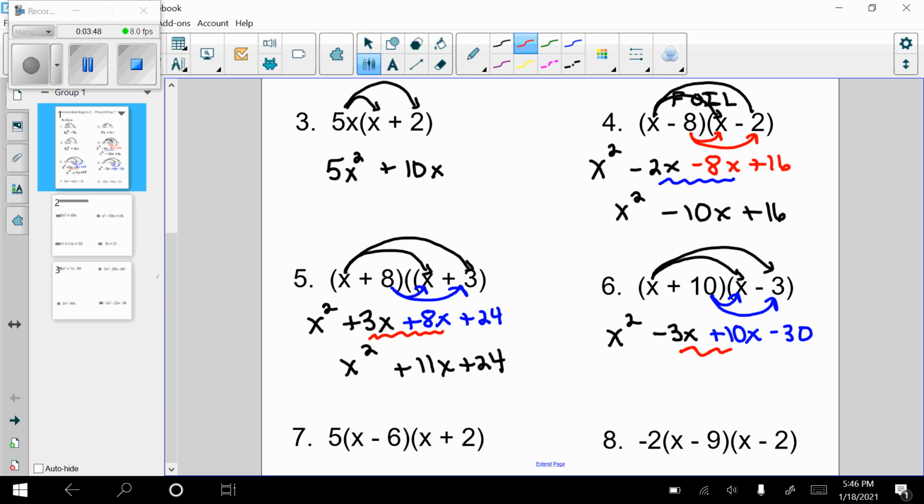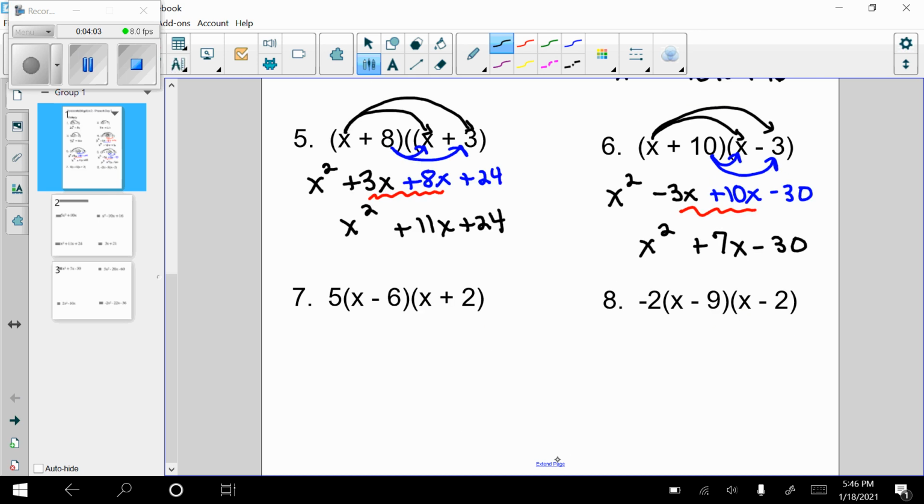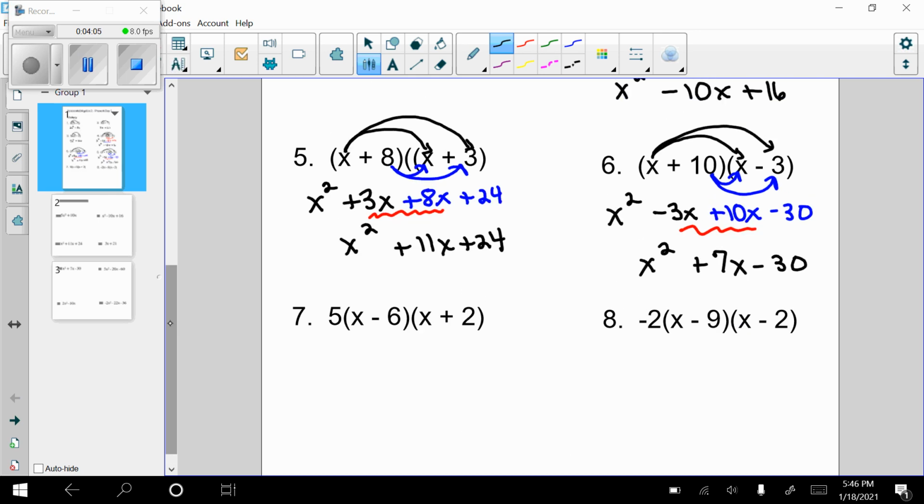I'll put these two terms together. I have x squared. Negative 3x plus 10x is plus 7x minus 30. So what you're going to see here in a few minutes is when we factor, we're actually undoing the multiplication that we just performed.